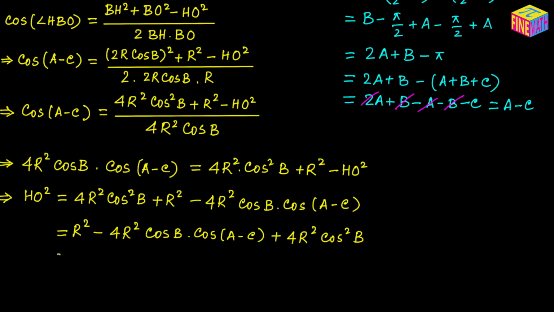So we can write it as R squared minus 4 times R squared times cosine of B. So that is coming out as a common factor, and then within a bracket we are going to be left with cosine of A minus C from the second term, and then the third term will become negative because I have taken negative as a common factor out, and 4 times R squared times cosine of B has gone out, so we are going to be left with just cosine of B.